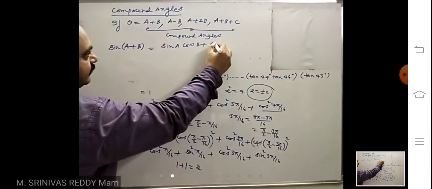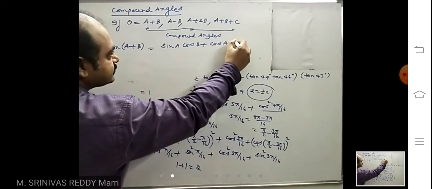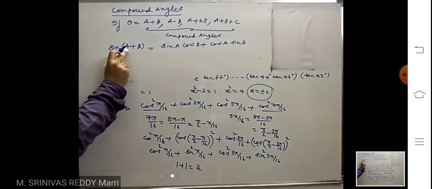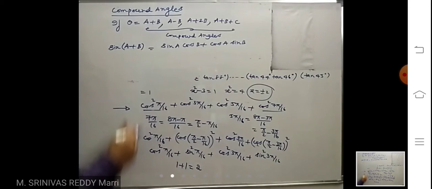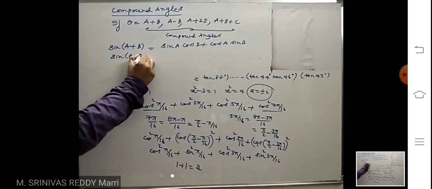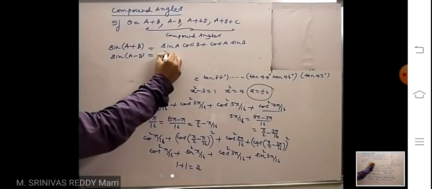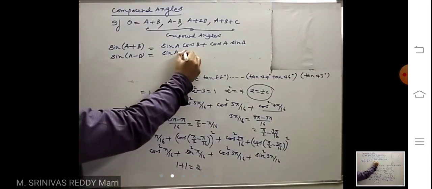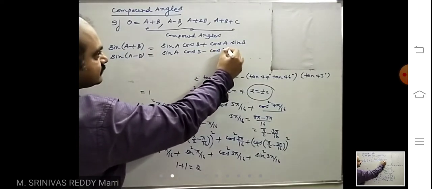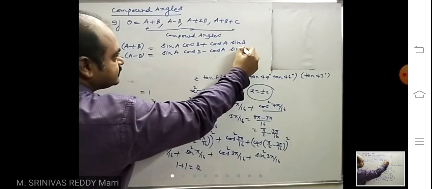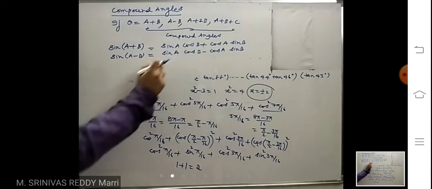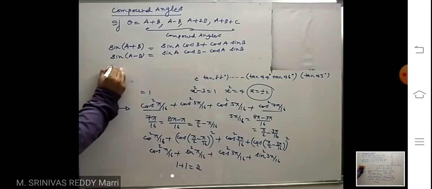Sin A cos B plus cos A sin B. If two angles are there, one you take as A, the other as B. Sin of A plus B is nothing but sin A cos B plus cos A sin B. Sin of A minus B is nothing but sin A cos B minus cos A sin B.